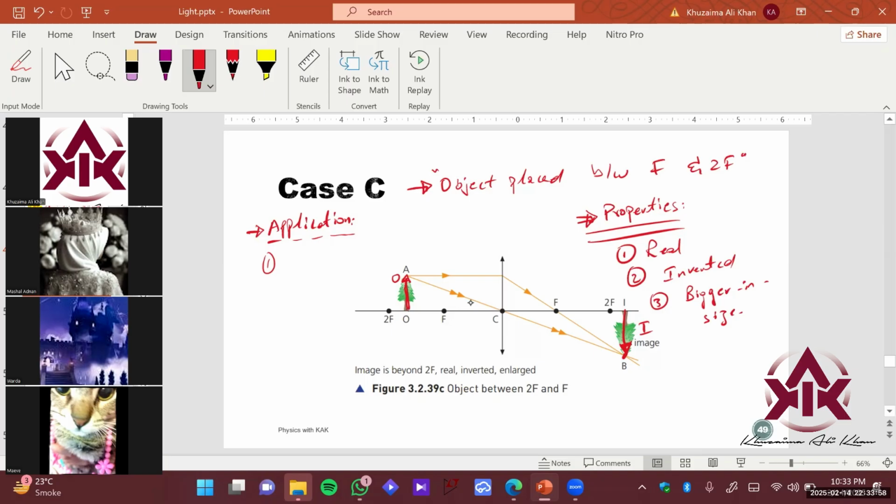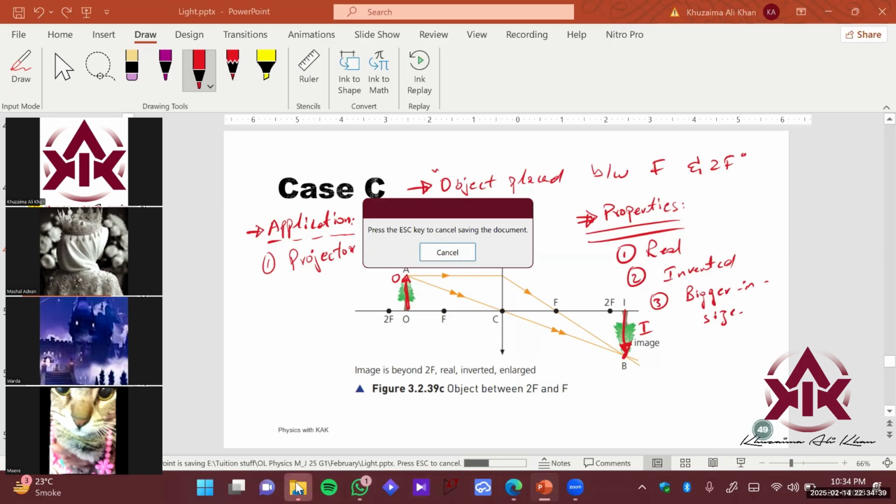A projector has a smaller object which is fed in; we plug in a CD or USB. It gives the set of details and maps that out into a huge area onto a screen. It has some circuitry which causes the image to appear erect, but actually it is formed inverted like this. Obviously, in cinemas the projector screen is very huge and it can project on the entire screen. So this is the lens setting they use to expand the image size so that it can be displayed over a huge area.